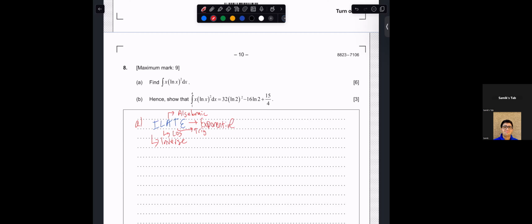Why do we have to remember this? Because in the formula for integration by parts we have to assign the first and second rank essentially. So this is our formula, which I'll write over here.